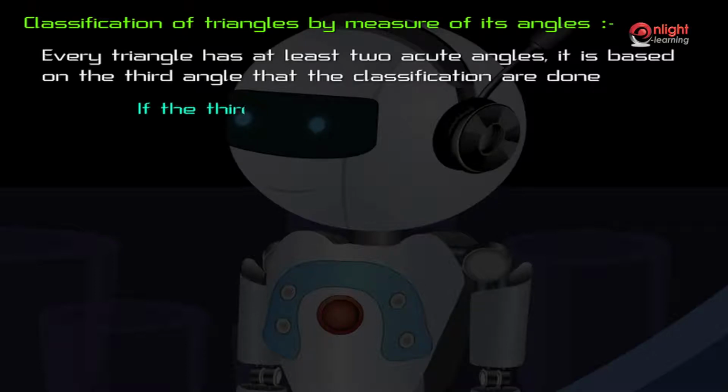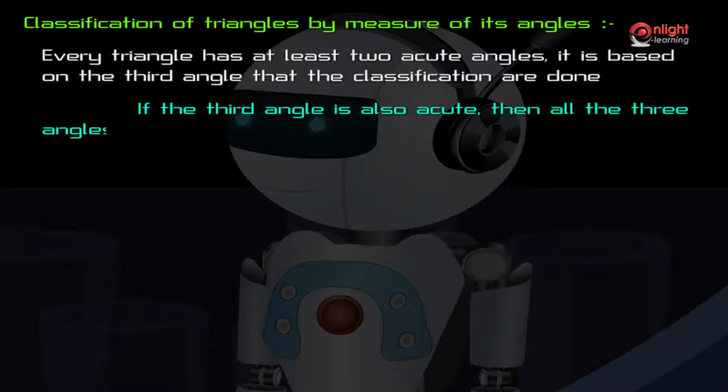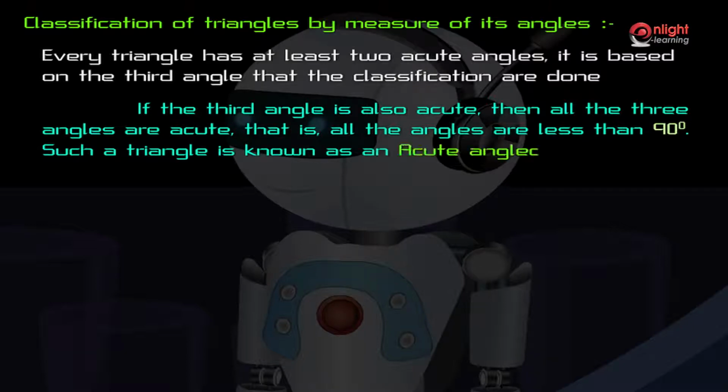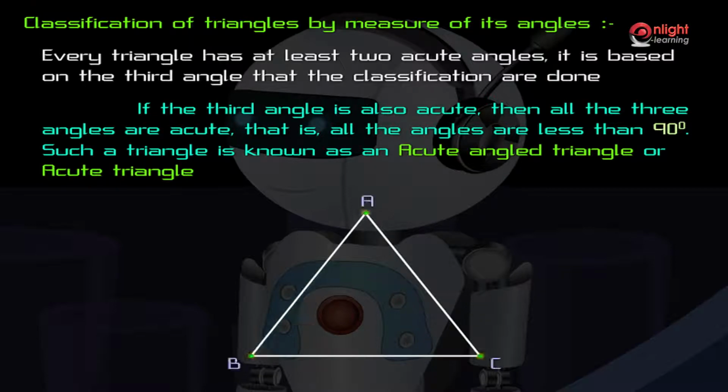If the third angle is also acute, then all the 3 angles are acute. That is, all the angles are less than 90 degrees. Such a triangle is known as an acute angle triangle or acute triangle. Here, triangle ABC is an acute angle triangle where all the angles are less than 90 degrees.